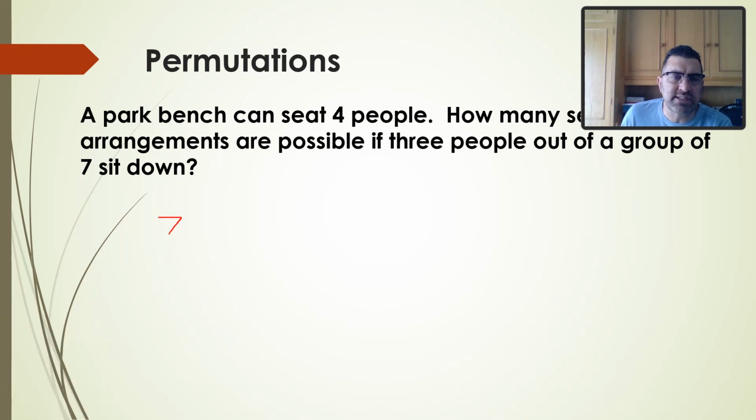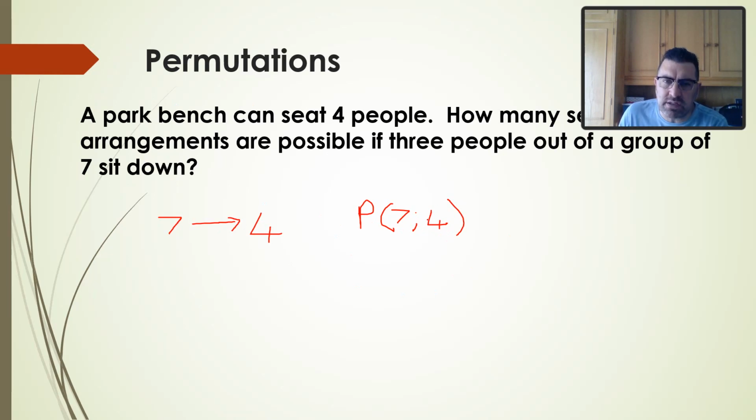We have 7 people that we want to sit down for. So it's a permutation of 7 and we want to use 4. We can choose them randomly. It doesn't matter how we choose them.